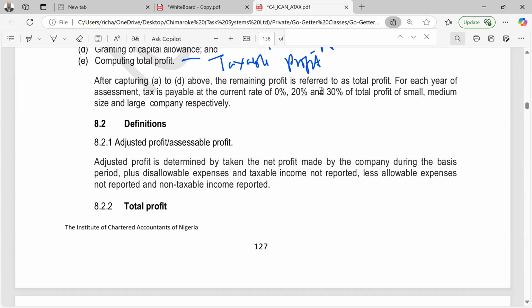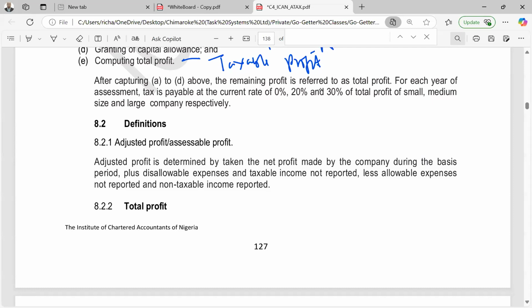Now, you see, we said before that when a tax accountant is preparing his own account and the financial accountant is preparing the account, if both of them are to start from scratch, they're going to be getting different values of revenue, different values of expenses, and different values of profit.